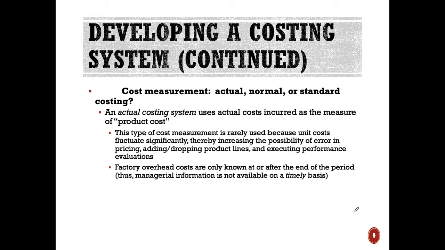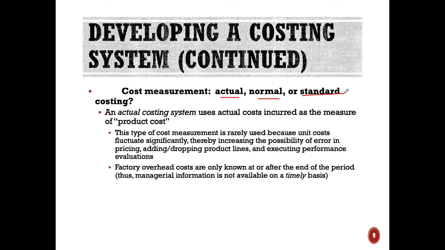Now, how about cost measurement? Actual, normal, or standard costing. Okay, an actual costing system uses actual costs incurred as the measure of product cost.